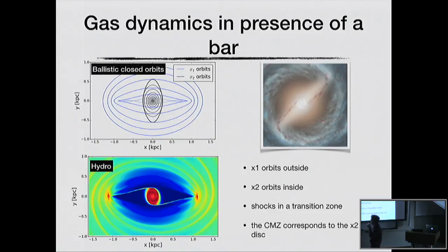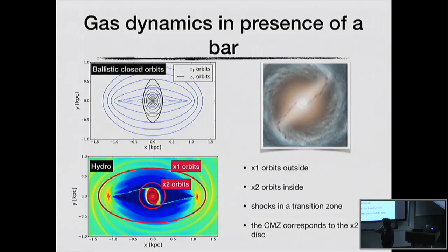The gas behaves in a similar manner. Outside the gas flows in these closed X1 orbits, and in the very center we have basically a disk of X2 orbits.